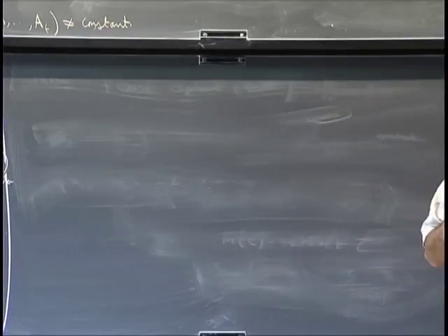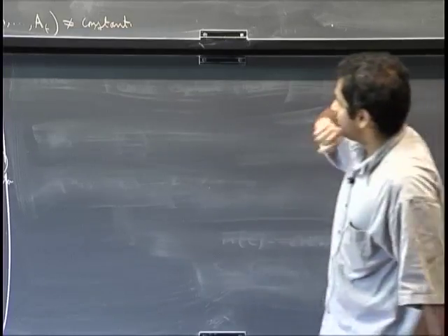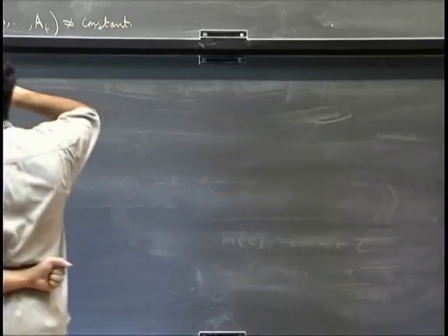It was clear that it will give n to the 1 minus epsilon for some epsilon. I was thinking of telling you the actual choice of parameters, but it's not very illuminating. It's just an optimization of something.